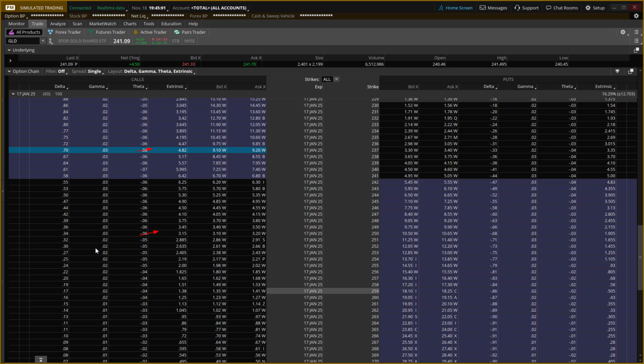You get a little bit more decay in here the closer you get to expiration, because the probability of this one staying out of the money grows faster than this one falling out of the money. So typically this will accelerate to a point that it will overcome the theta decay here. But it won't ever overcome the whole amount, because we paid $4.82 for extrinsic value. If we sell this here, the maximum we're going to get back is $3.10.